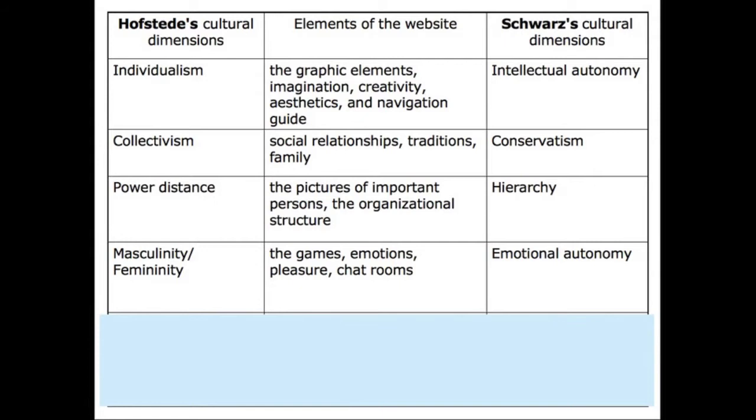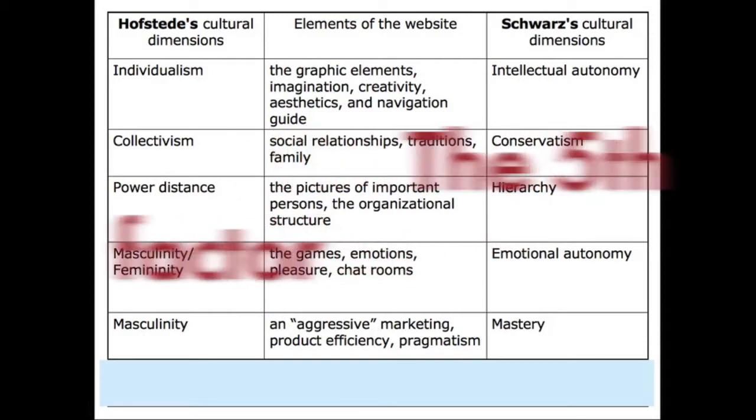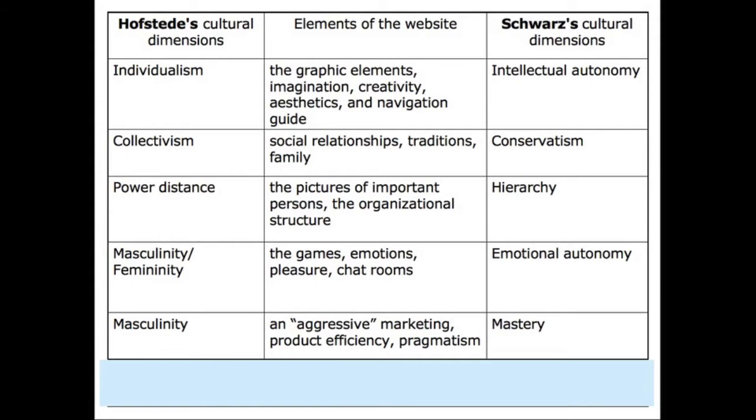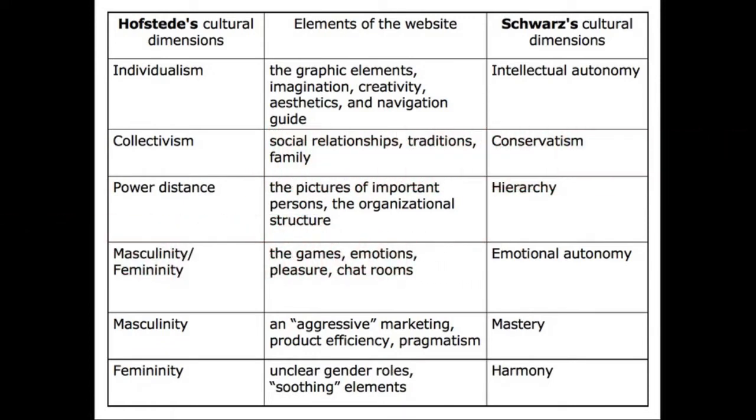On the side of Hofstede dimension, it will refer more to masculinity, femininity. The fifth factor, an aggressive marketing, product efficiency, pragmatism. It represents mastery by Schwartz or masculinity by Hofstede. The sixth factor is unclear gender roles and soothing elements. It is femininity by Hofstede and harmony by Schwartz.